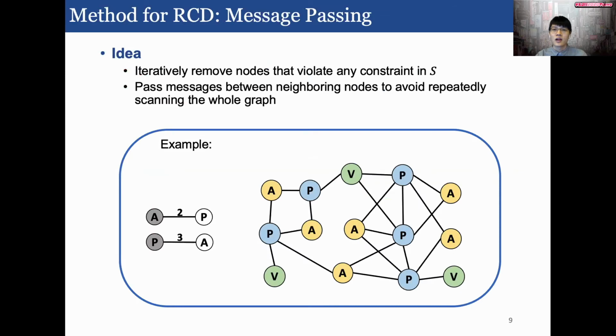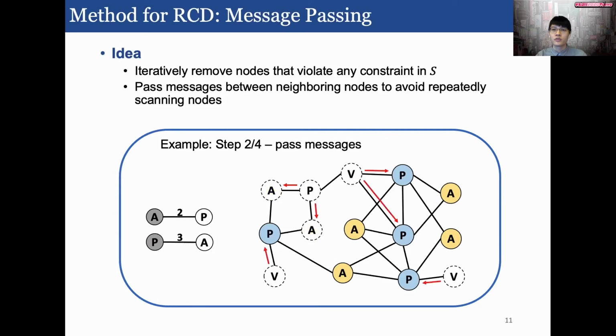For RCD, our solution is to iteratively remove nodes that violate any constraints in S. And we use message passing between neighboring nodes to avoid redundant scans. In this example, in the first step, our algorithm scans the whole graph once and removes nodes that violate the schema.